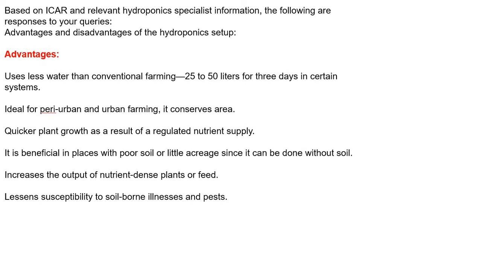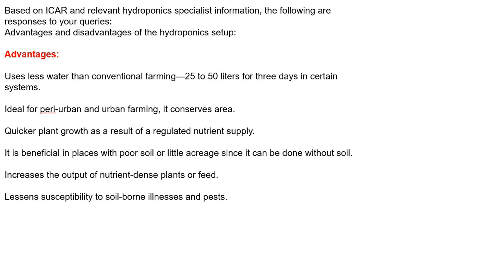Advantages and disadvantages of the hydroponic setup. Advantages: uses less water than conventional farming, 25 to 50 liters for 3 days in certain systems. Ideal for peri-urban and urban farming, it conserves area. Quicker plant growth as a result of a regulated nutrient supply.